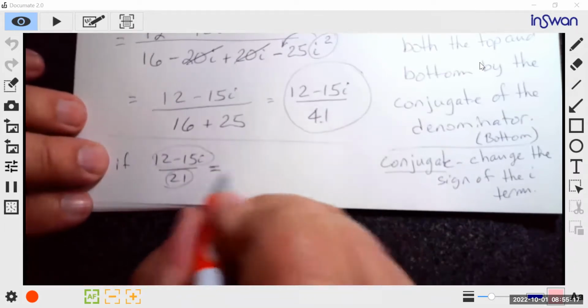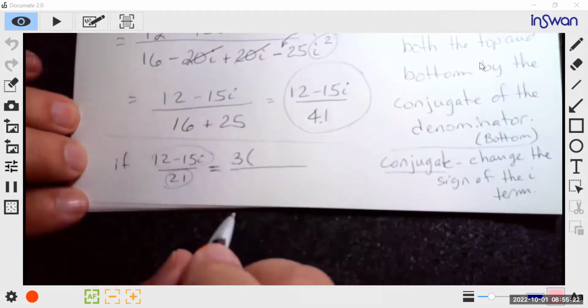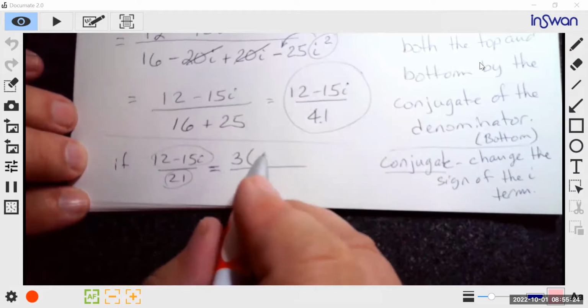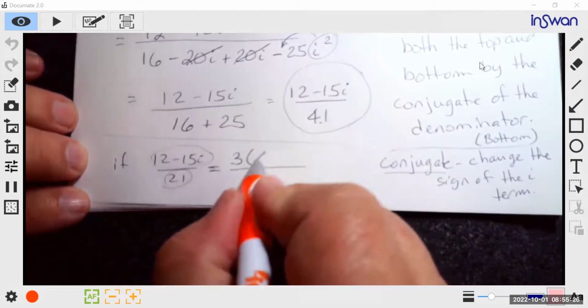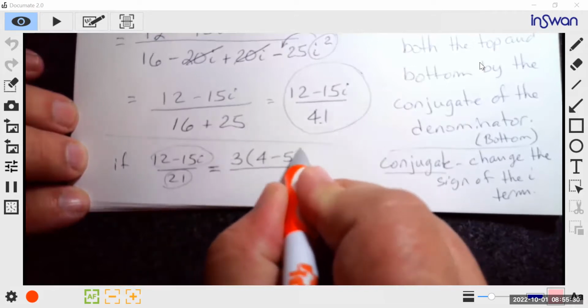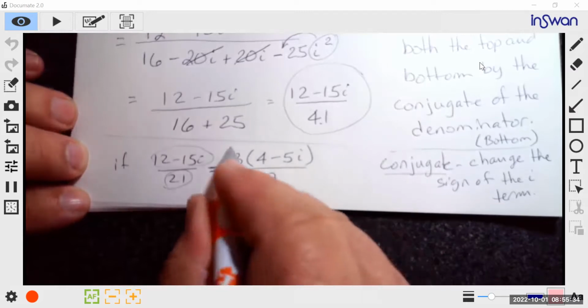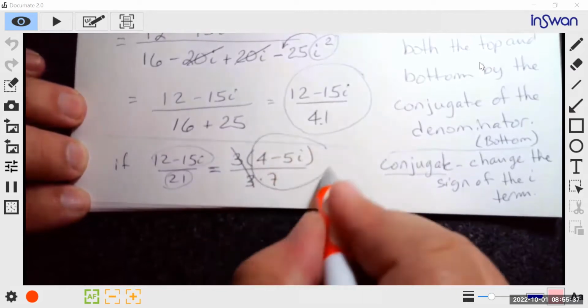A 3. So on the very top, if we factor out a 3, 12 divided by 3 is 4, 15 divided by 3 is 5, and then 3 times 7 on the bottom. So this would be your final answer.